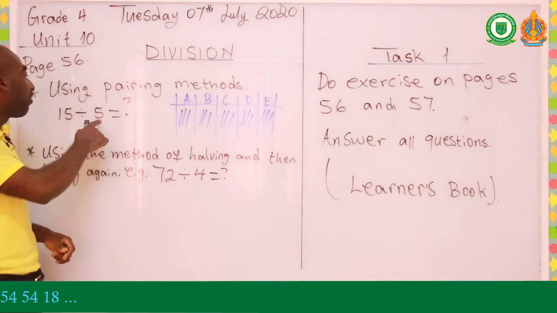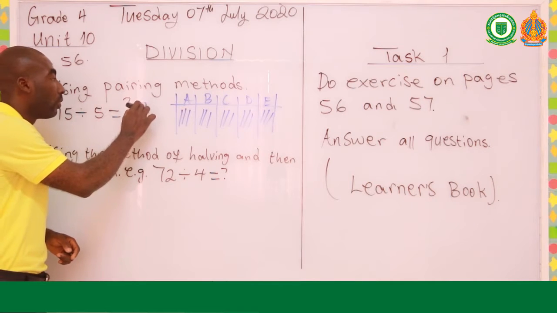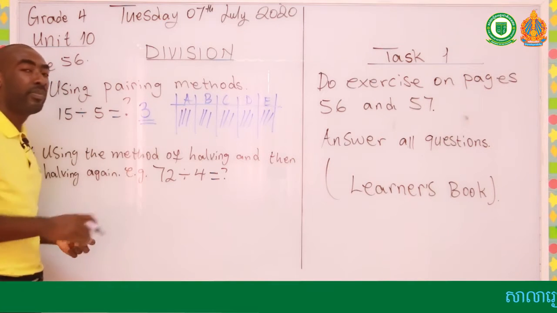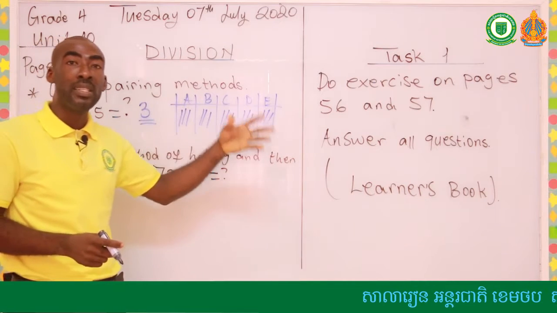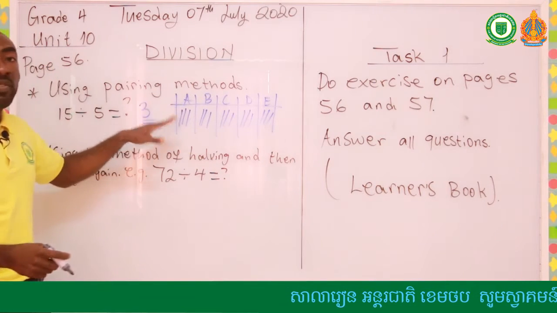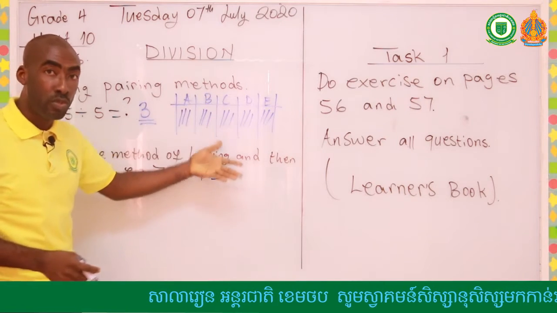That means 15 divided by 5 is equal to 3. So this is how we do our pairing to get an answer for any division equation or problem that you need to solve.